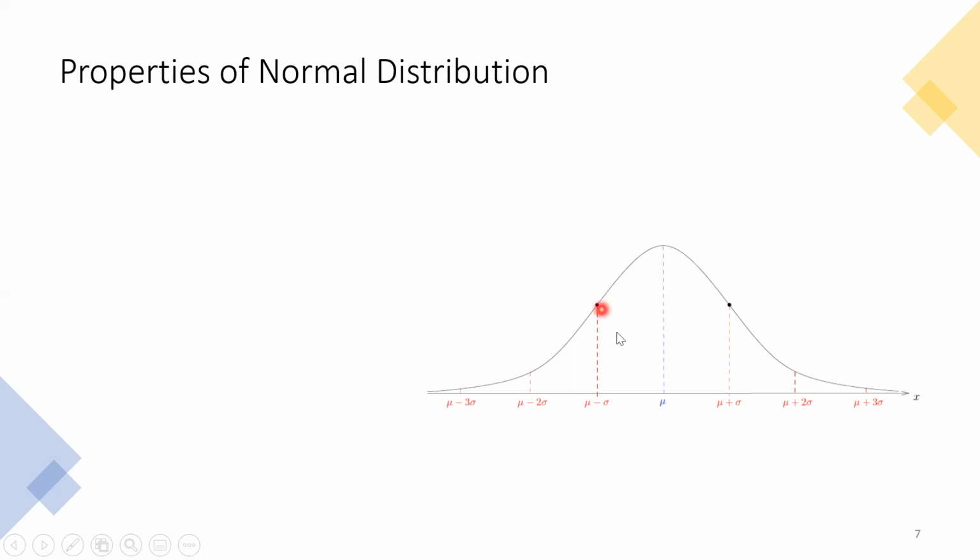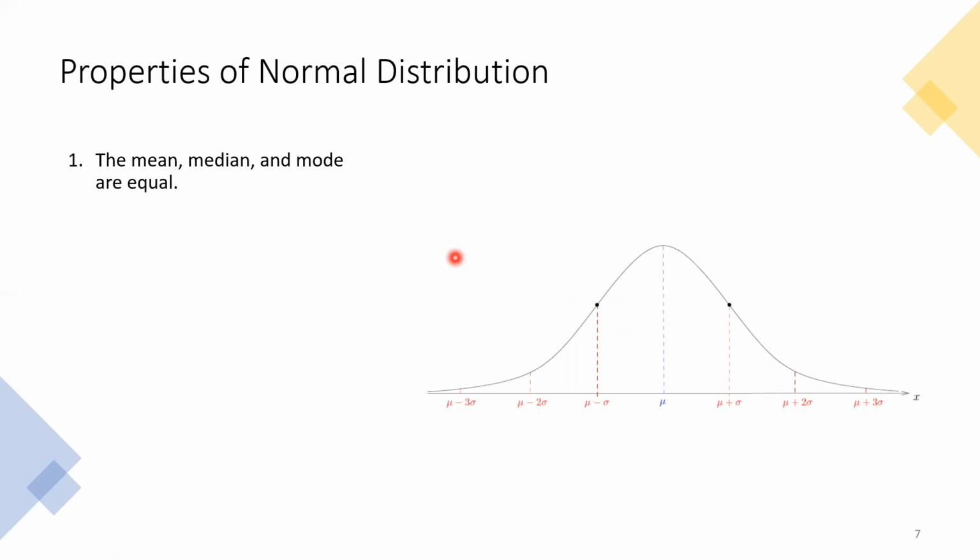If I say this area from blue to red covers 30% of the area, then the area on the right side of the mean will also have 30% of the probability.